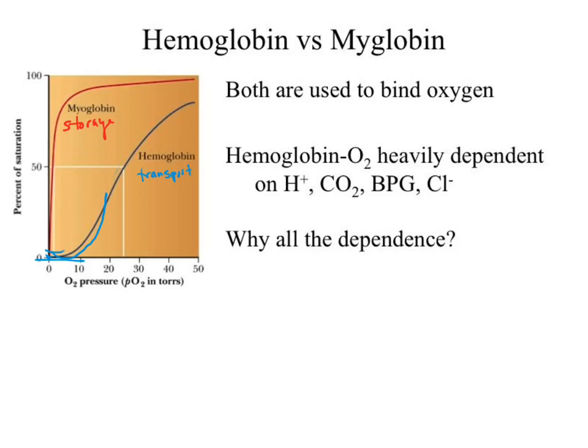So at low oxygen pressures, there's virtually no binding. As we increase our oxygen pressure, our saturation, you'll notice that our binding curve becomes steeper and steeper. Okay? So, and that's the natural aspect of that curving shape.